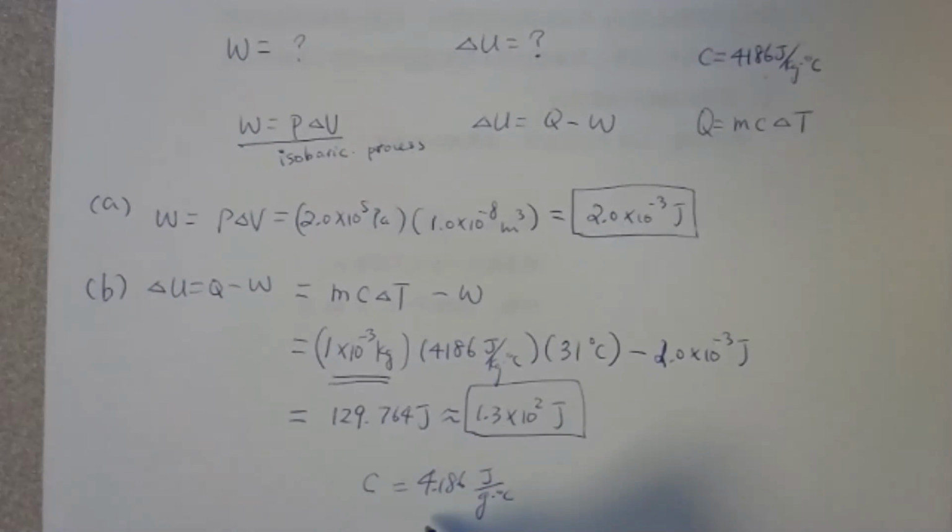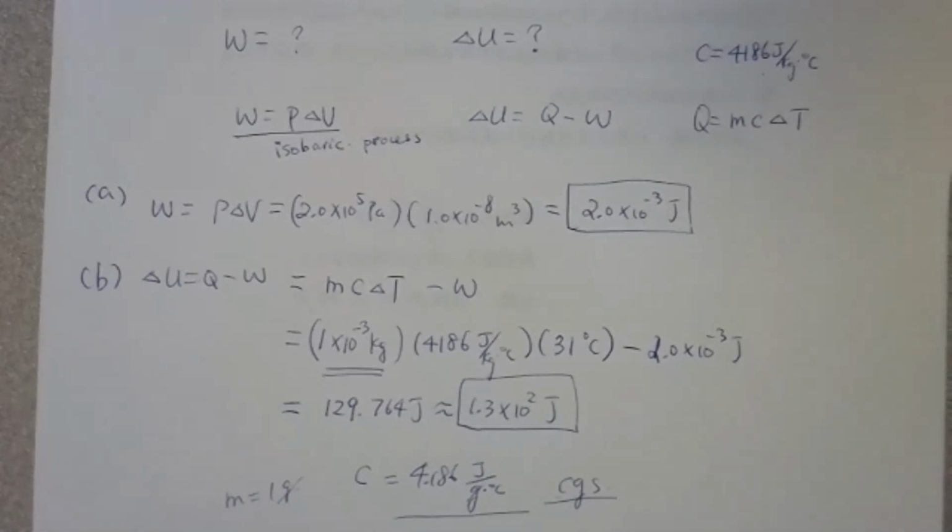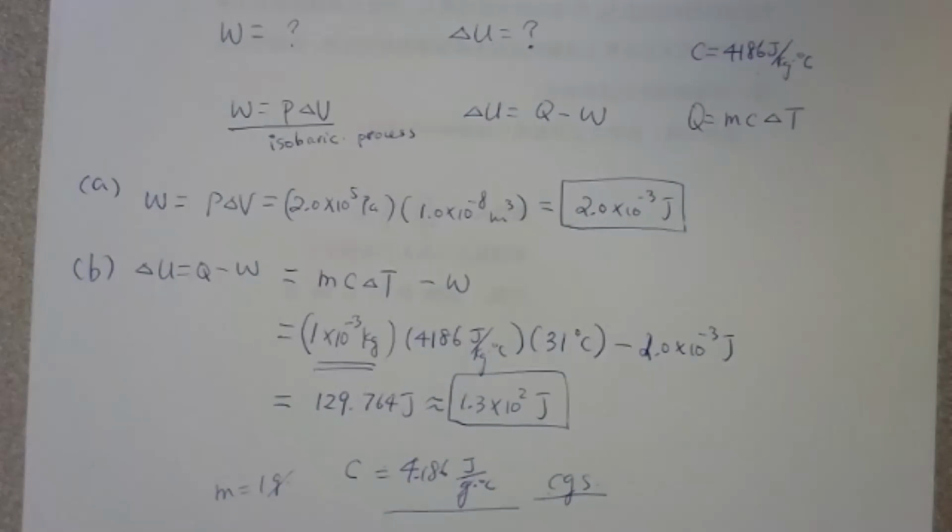You might see this in some cases. We call these CGS units, centimeter-gram-second system units. In that case, you want to have your M as just 1 gram. You don't have to convert, because in M times C, the gram and per gram are consistent and cancel out.